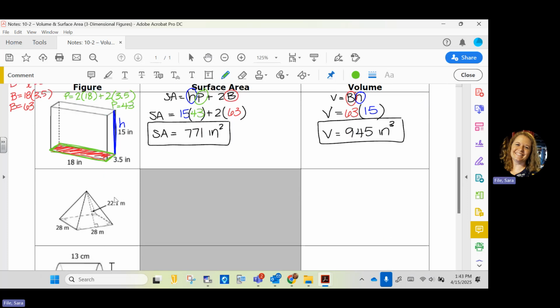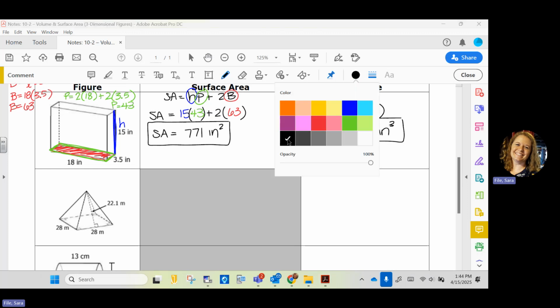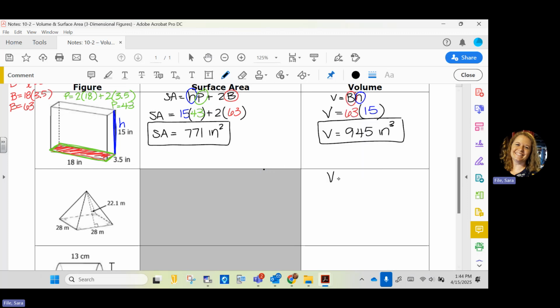Okay, so I want to find the volume of a pyramid. Now a pyramid is going to be a third of the rectangular prism, because these sides are cut on both sides, you have pieces cut out. So the formula is similar. It's area of base times height, but it's a third of that.